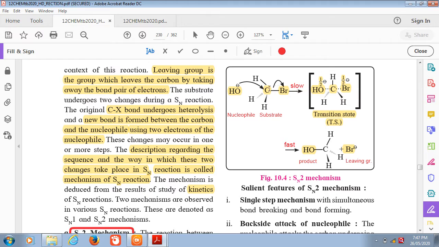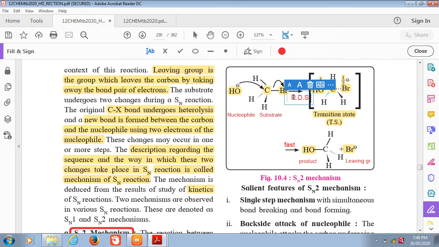Why is this a slow step? Because there is an attack of the nucleophile as well as breaking of the carbon-Br bond. So it takes time because your substrate is already stable, and so it is a slow step, and that's why this step is also known as the RDS, because the rate of the reaction depends on this step.